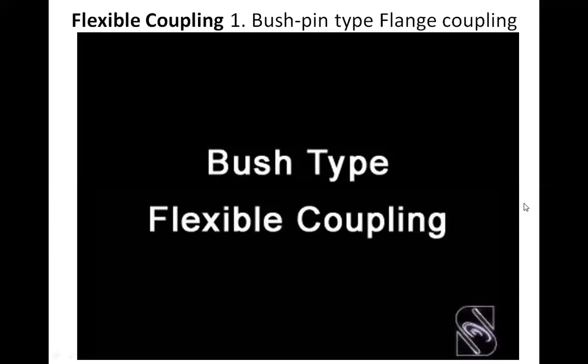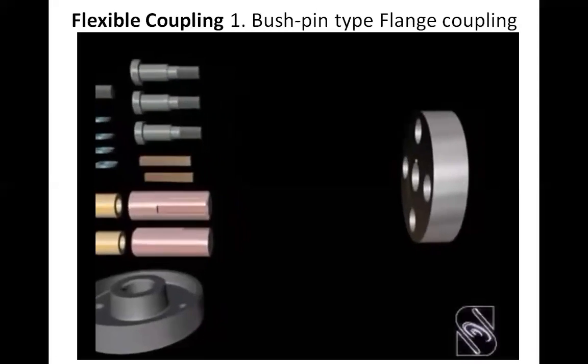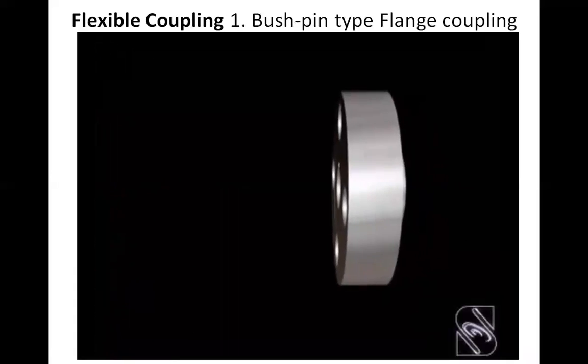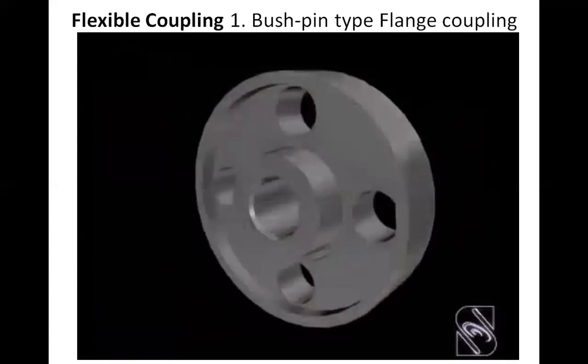Bush type flexible coupling. In this coupling, two flanges are used to transmit power. One of the flanges has bigger size holes on the pitch circle.